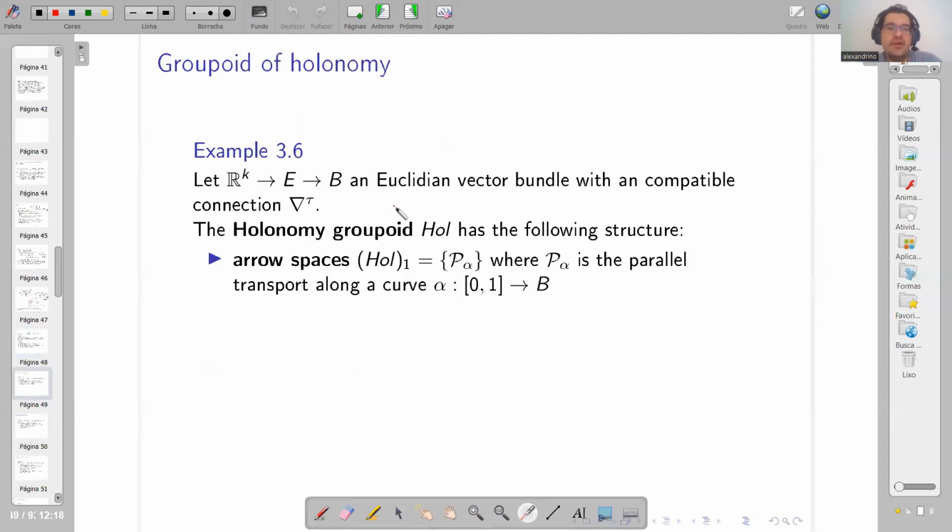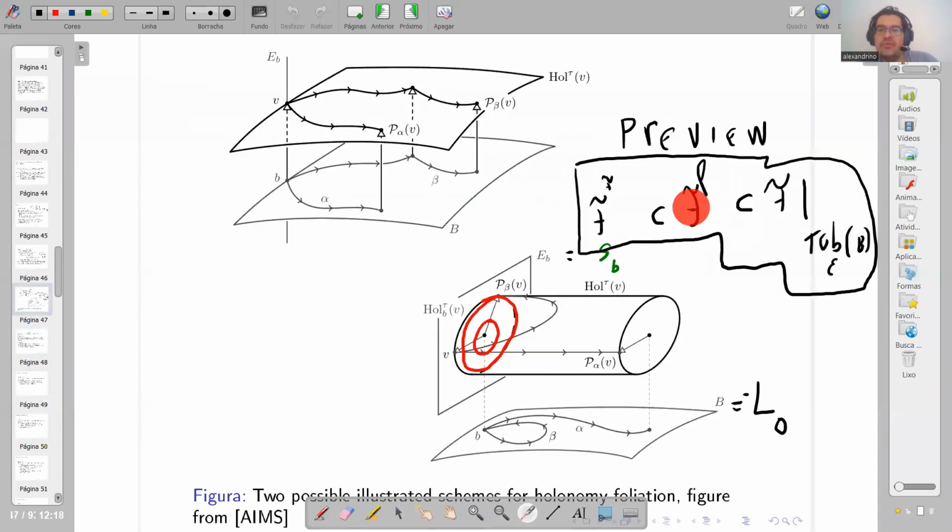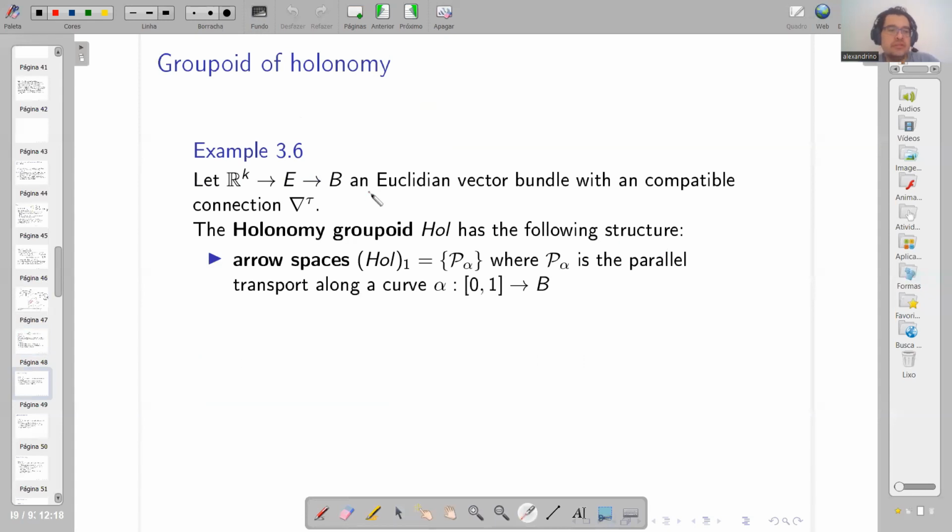So before I start to present this result here, I would like to start with some language and notation. Please don't be scared.